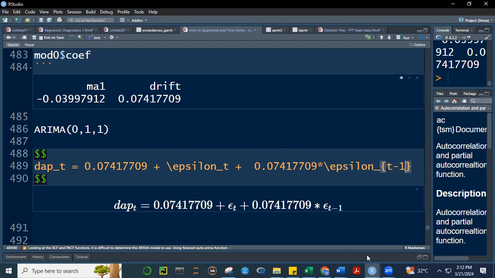Okay, take a look now at our model. Since this is ARIMA 011, there's no AR component, there's an MA component. MA component is a factor of its previous error terms. Lag 1 lang siya, kaya epsilon t minus 1. So the error term of the current period plus 0.074 times epsilon t minus 1, plus the drift, plus the constant. Okay, there.